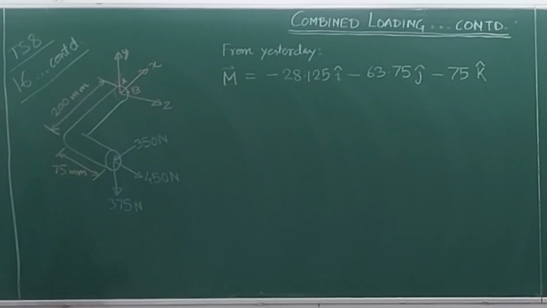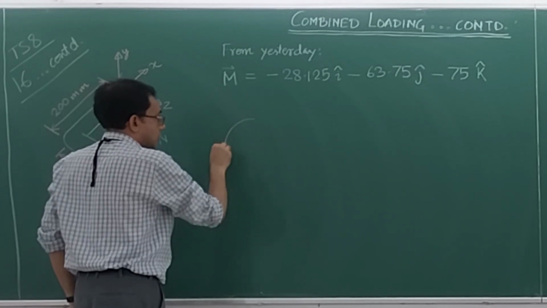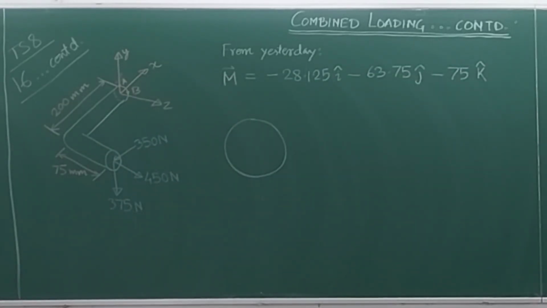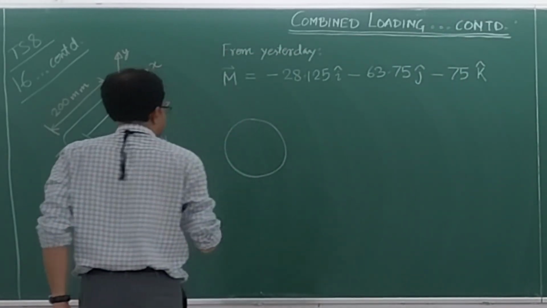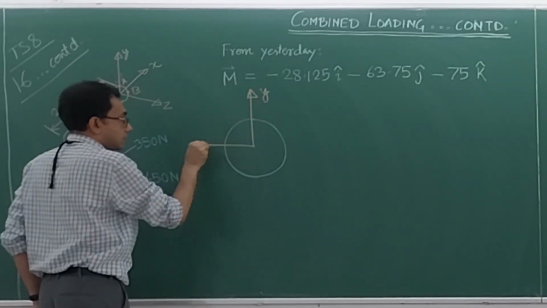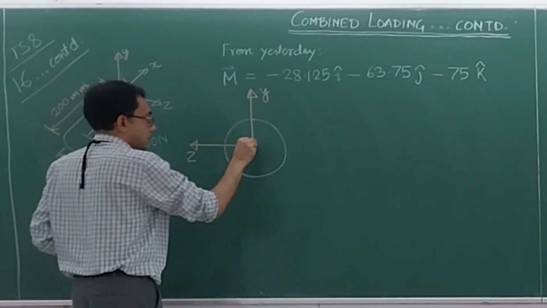Now, what we are going to do is place ourselves, as the solvers of this problem, over there and look into the x-axis. So what will this look like? The cross section will look like this, where this is our y-axis, this is our z-axis, and coming out of the plane is the x-axis.